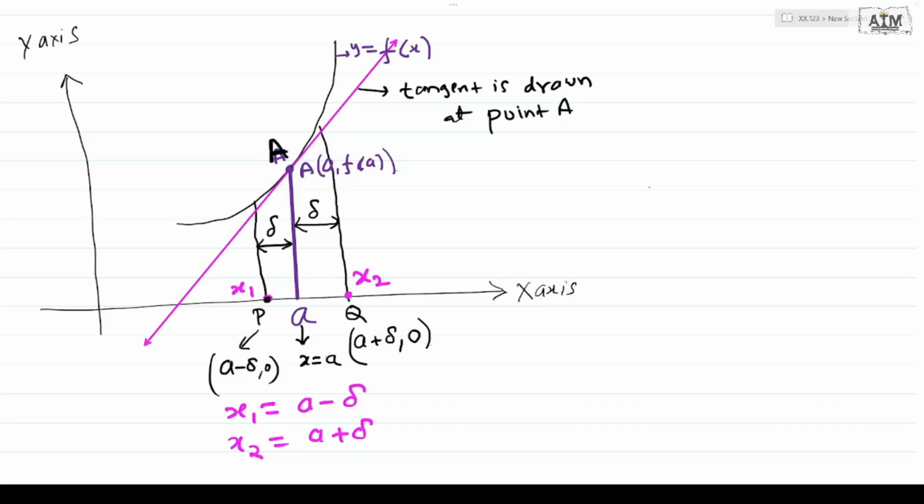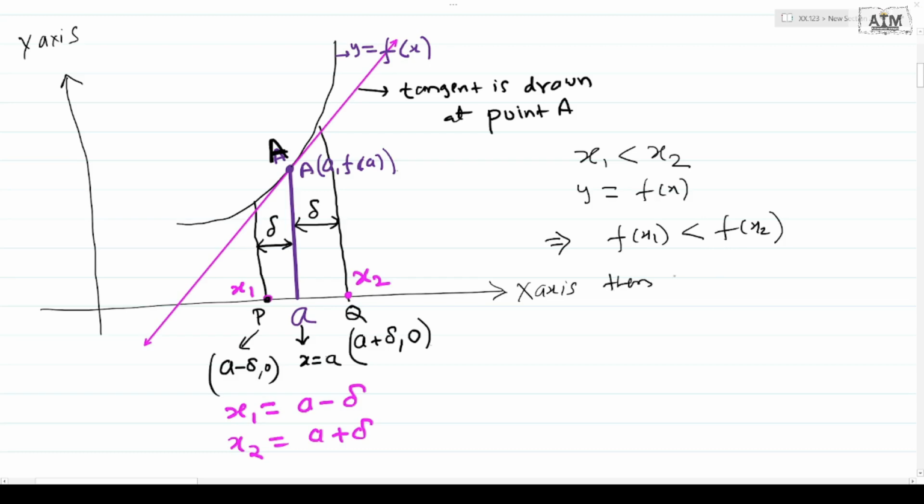From the diagram, it is clear that x1 is smaller than x2, and the given function is y equals to f of x, which implies f of x1 is smaller than f of x2. So if f of x1 is less than f of x2, then the given function f of x is an increasing function.